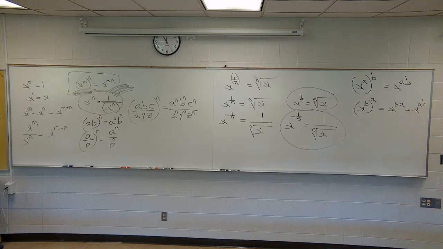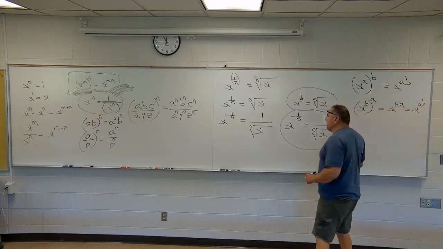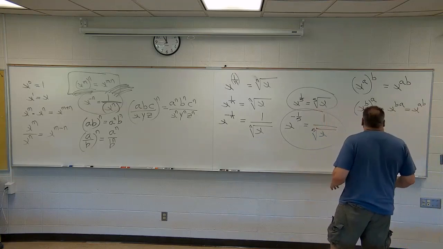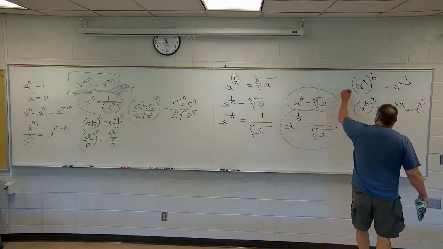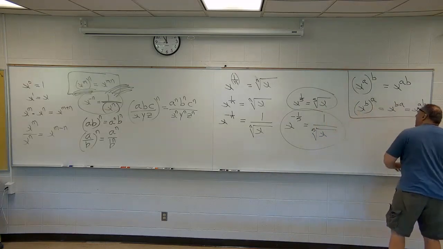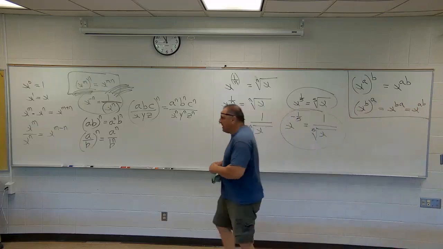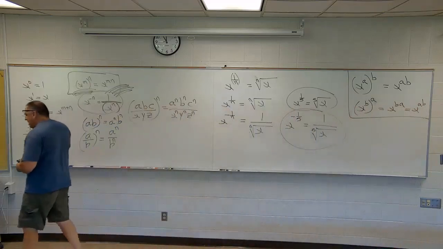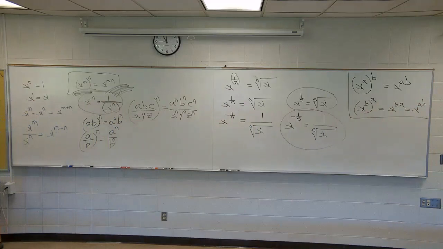Fascinating. Okay, let's talk more. We said what we said here. Let's use this reality to talk a little bit. It's going to help us later on with these things they call logarithms.